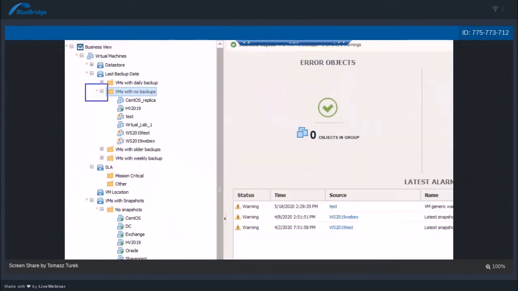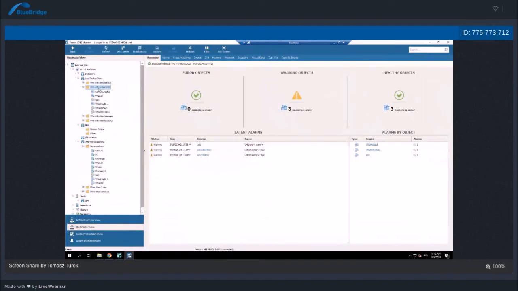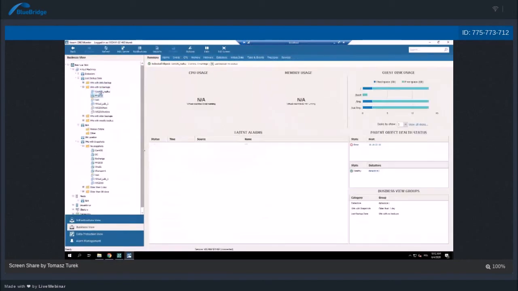If you already have this information, you know that those virtual machines are not part of any backup job, so they are actually excluded from your data protection policy. And this is taken by default, so that way you automatically know when or if those virtual machines should be taken into consideration.